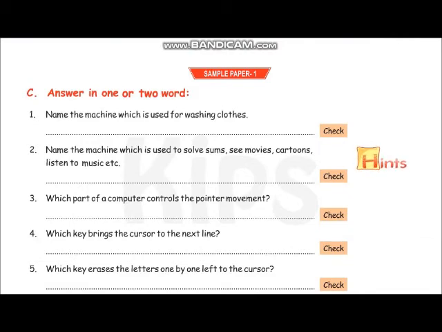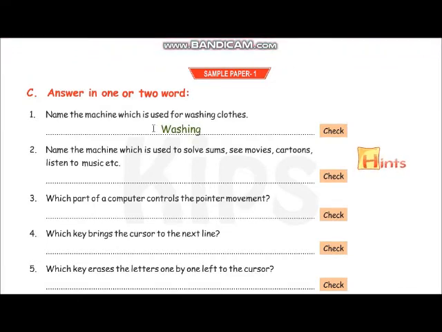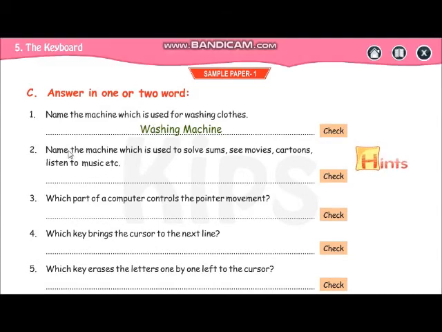Now answer in one or two words. Okay. We have to write the answer in one or two words. So let us start our answers. Name the machine which is used for washing clothes. Washing machine.